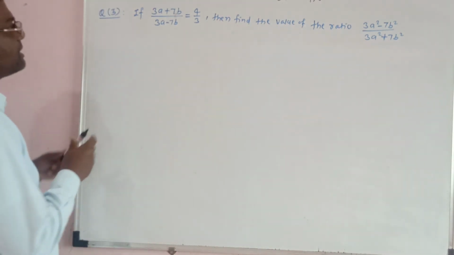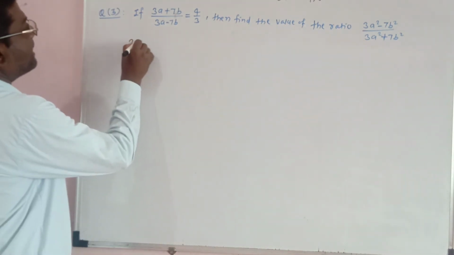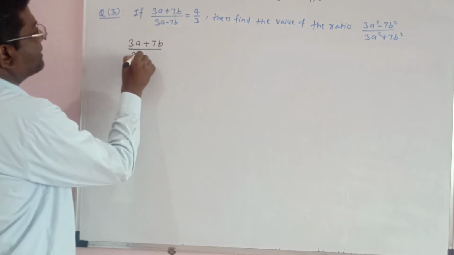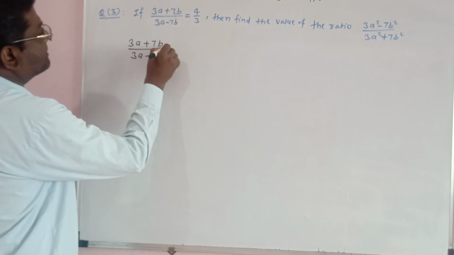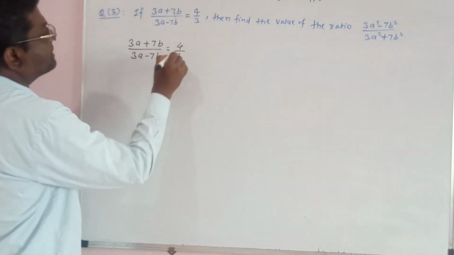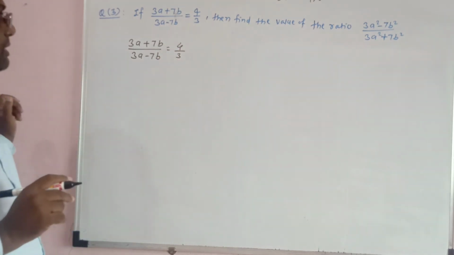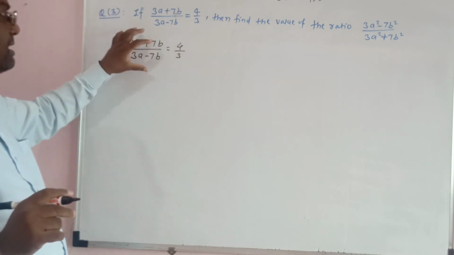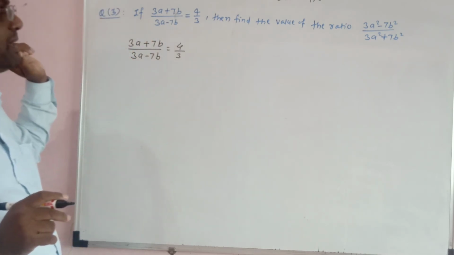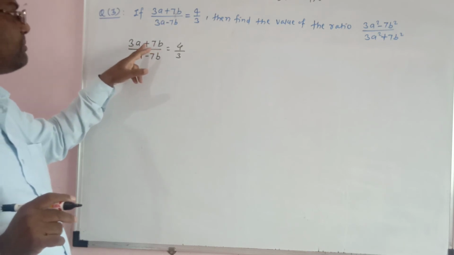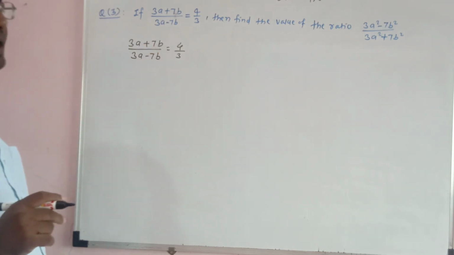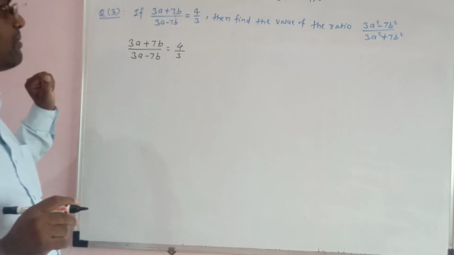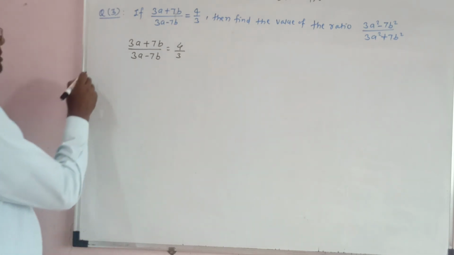So we have given here 3a plus 7b upon 3a minus 7b is equal to 4 upon 3. Now in this ratio on the LHS there is a componendo dividendo, and we have to find at first the value of a upon b. Therefore, we take once again componendo dividendo.